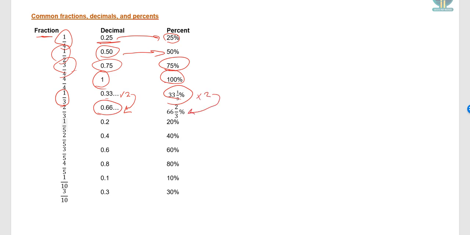Right? 1/5 is 0.2 or 20%. So a quarter is 25%. A fifth is 20%. 2/5 is just 2 times the 1/5, right? Which is 2 times the 20%, giving me 40%.